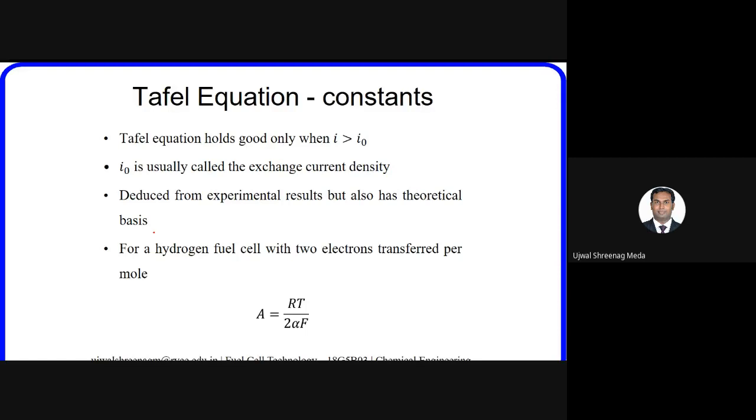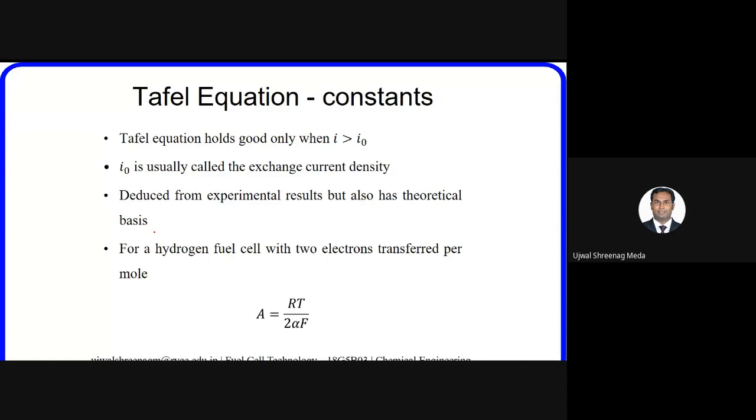For a fuel cell which operates on hydrogen as fuel, this constant A can be expressed in terms of other terms, that is RT by 2 alpha F. F is Faraday's constant, R is the universal gas constant, T is the temperature.